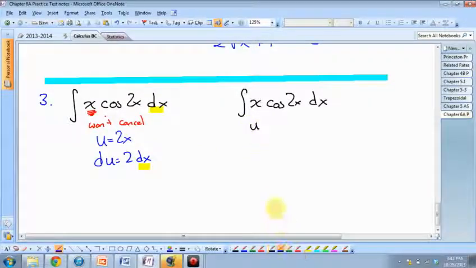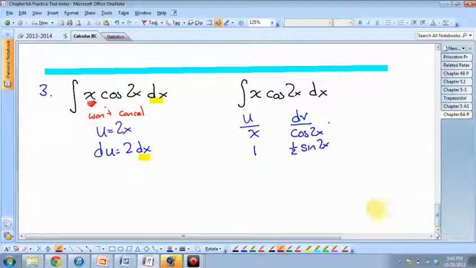So u is x, dv is cosine 2x, derivative is 1, antiderivative is 1/2 sine 2x, derivative is 0, that's negative 1/4 cosine 2x. Okay, make sure you integrate.